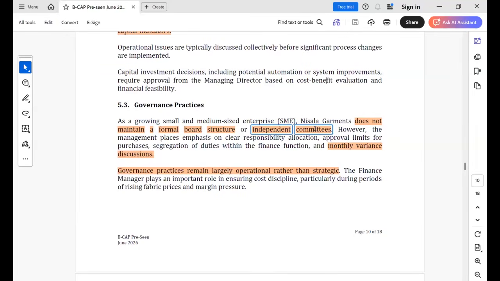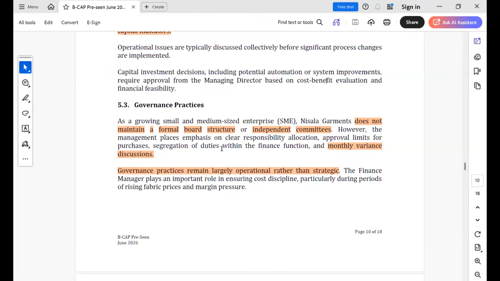So those committees you don't need to set up here because this is a small scale private company. But you must have a formal board, right? At least consisting of a couple of capable people who have multiple skills, right?